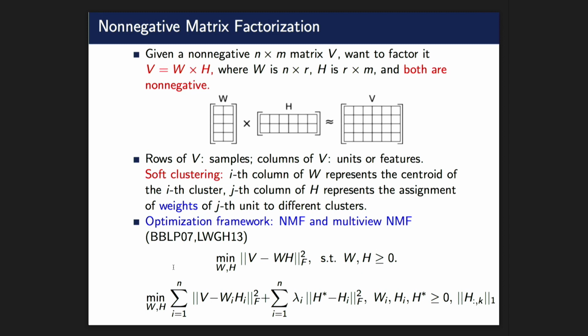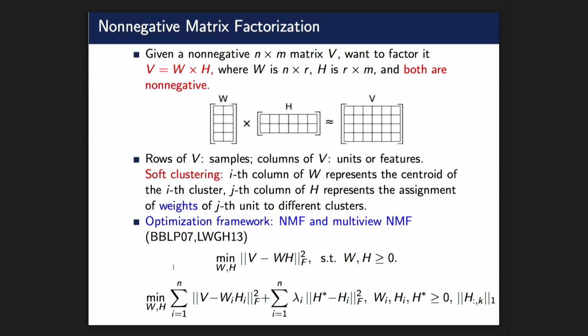And you can think of one of the matrices, W, in this product representing the centroids of the clusters, while the other matrix tells you a weight of the jth unit in terms of its propensity to belong to the ith cluster. So the matrices encode information about the cluster structure and the probabilities of the points lying in these clusters, and hence this is something like an overlapping clustering or fuzzy clustering framework.